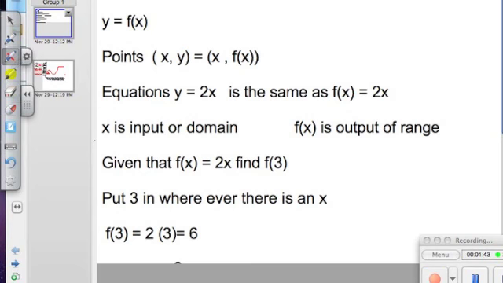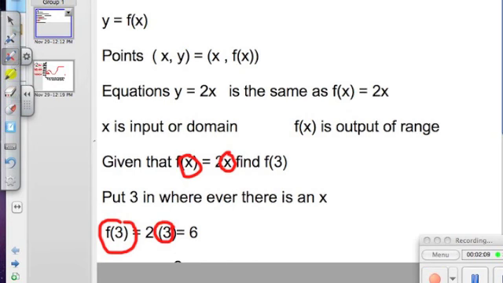You can see there's my x right there. Everywhere that I had an x, I'm going to put in a 3. So f of 3 equals 2 times, and then I put that 3 in there, and I usually put it in parentheses because that really helps out. And we can see that 2 times 3 equals 6. Pretty difficult stuff here.